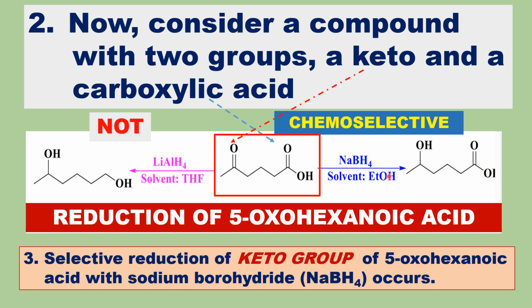Therefore, in this case, there is selective reduction of keto group over carboxylic acid functional group only with sodium borohydride. With lithium aluminum hydride both of them are reduced, so that reaction is not chemoselective, whereas this reaction is chemoselective. Selective reduction of the keto group of 5-oxohexanoic acid with sodium borohydride occurs.